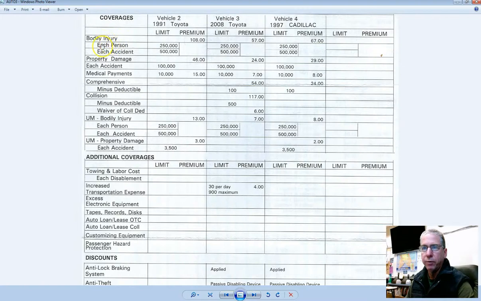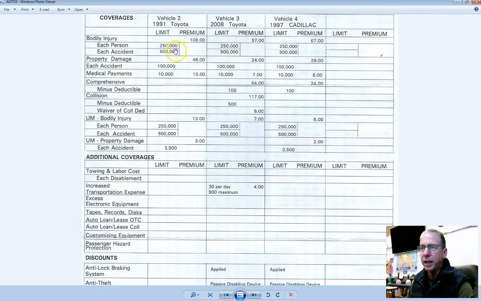We're covering bodily injury, property damage, medical payments, comprehensive, collision, and then UM, which is uninsured motorist for bodily injury, and uninsured motorist for property damage. We have talked about these, and we also have that vehicle insurance Quizlet that's available to you to go over and study those terms.